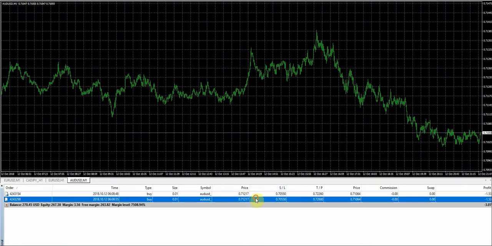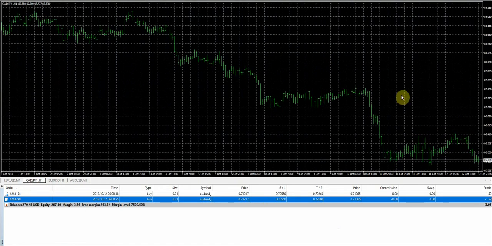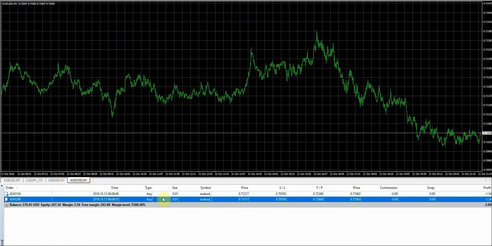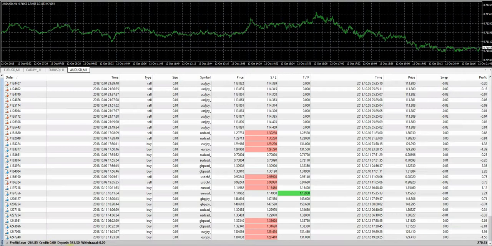So I'm not sure even if I could find where I could put the entry prices and the exit prices, if it would even show up, just based on the fact that we're in a trade right now and it's not even showing our entry and stop levels. And again, 0.01 is what we're trading with. Anyway, let's go ahead and take a look and see what we did this week.